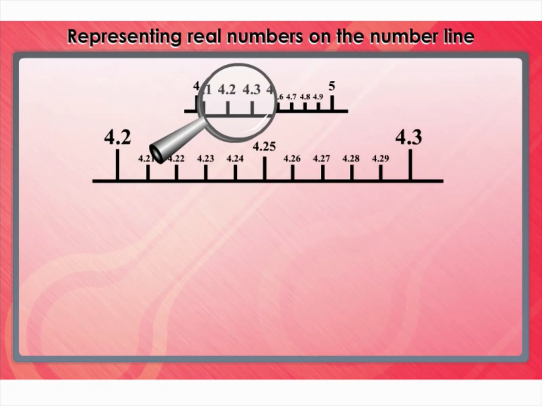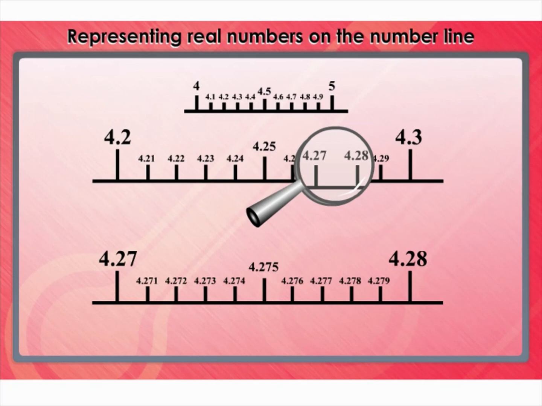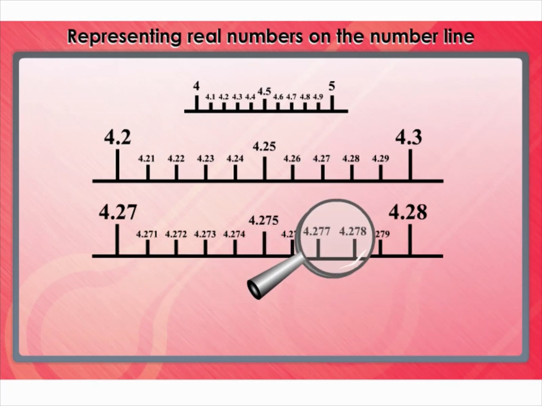To get a more accurate visualization of the representation, we divide this portion of the number line into 10 equal parts and use a magnifying glass to visualize that 4.27 bar lies between 4.27 and 4.28. To visualize 4.27 bar more accurately, we again divide the portion between 4.27 and 4.28 into 10 equal parts and use a magnifying glass to visualize that 4.27 bar lies between 4.277 and 4.278.